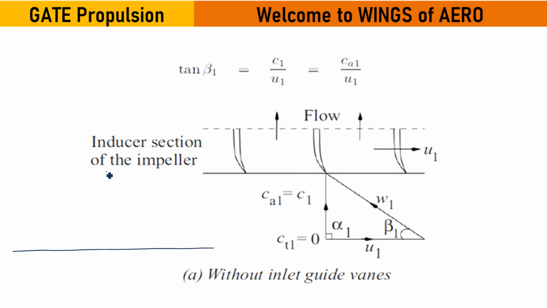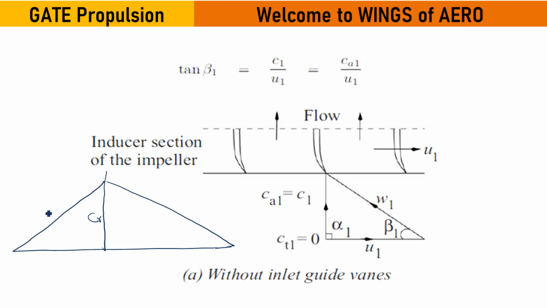We generally draw something like this. The vertical line is always C_R. I'm not giving any suffix because I'm not representing any inlet or exit; I'm just making a simple layout.